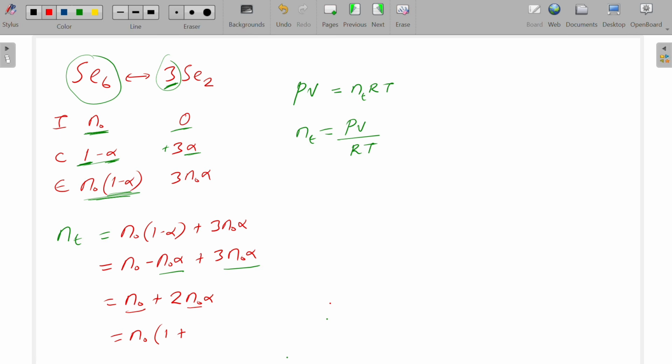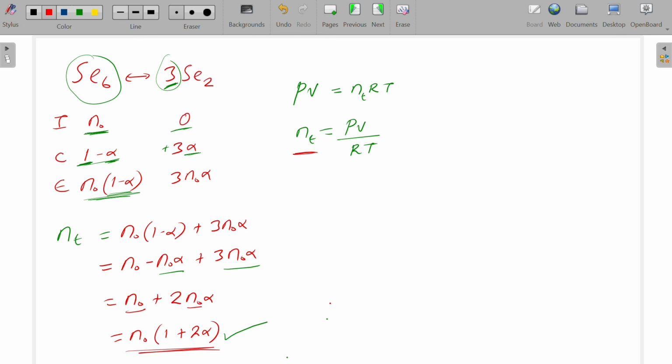When we get n naught from there, we'll have 2 multiplied by the degree of dissociation. So this is basically our total number of moles. N naught multiplied by 1 plus 2 alpha. So this is our total number of moles, and this here is what we are going to put there on NT, the total number of moles.